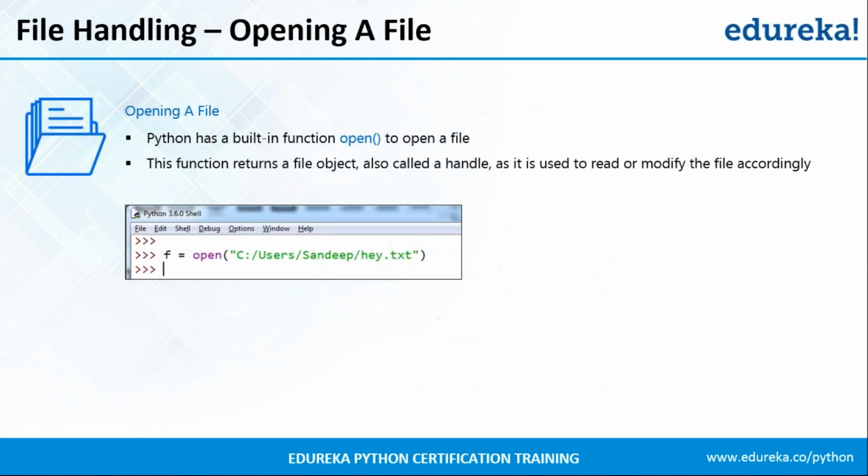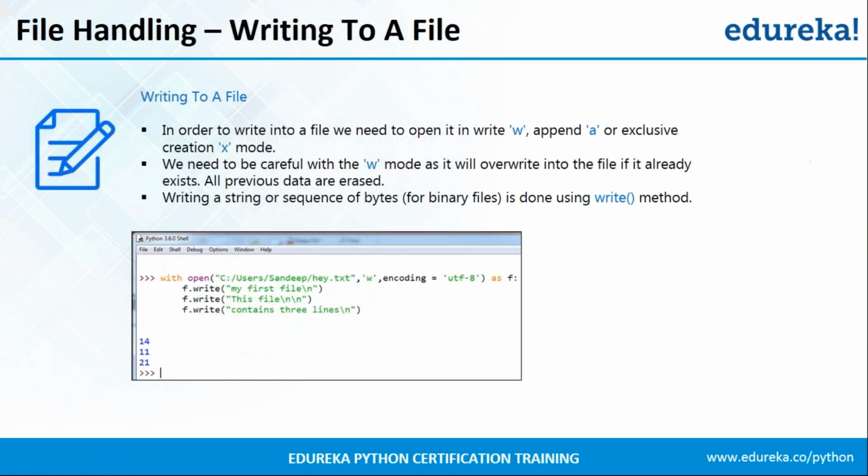In order to open a file, Python has an inbuilt function called open. You just mention the path of your file and it will open your file. If you want to read the file, mention an R here.